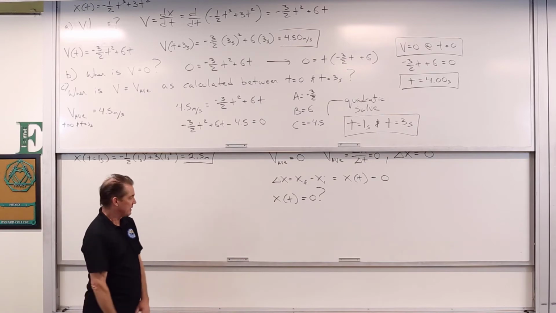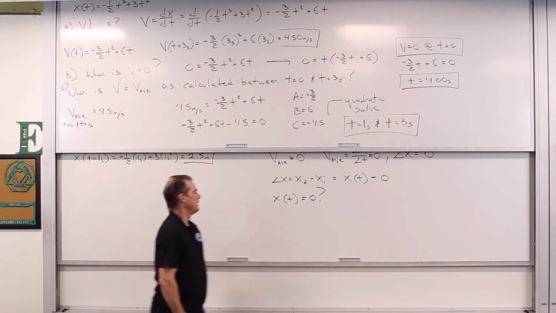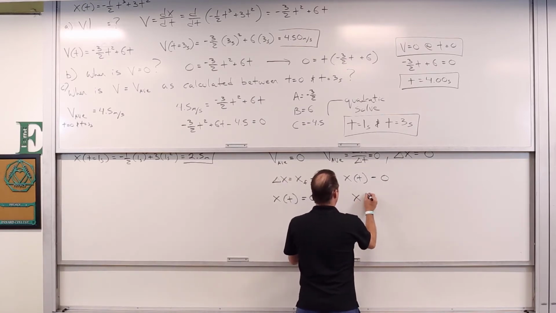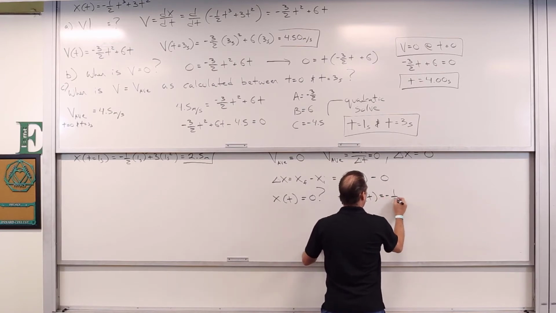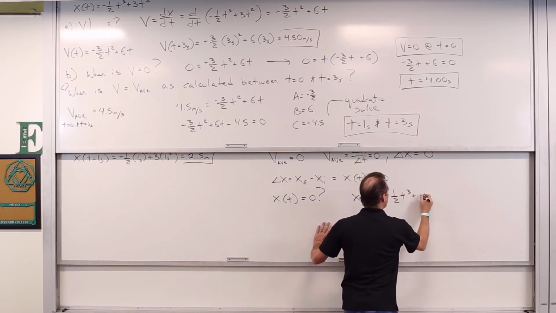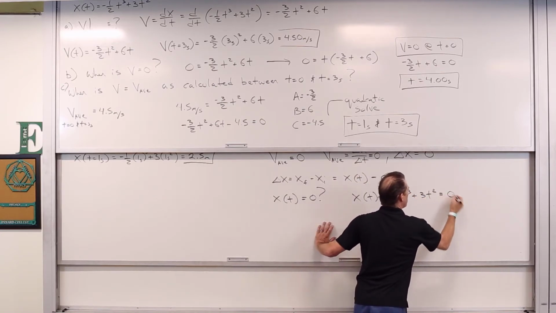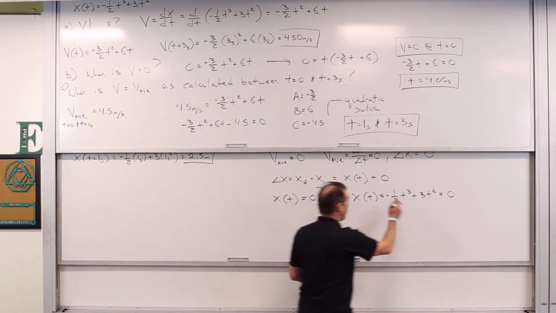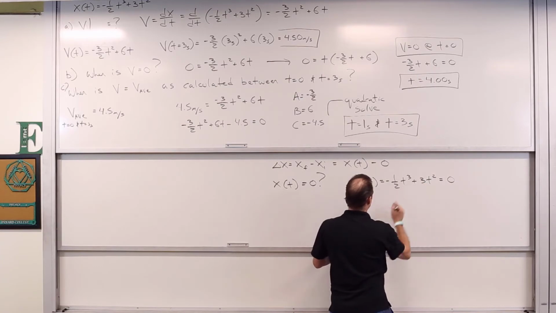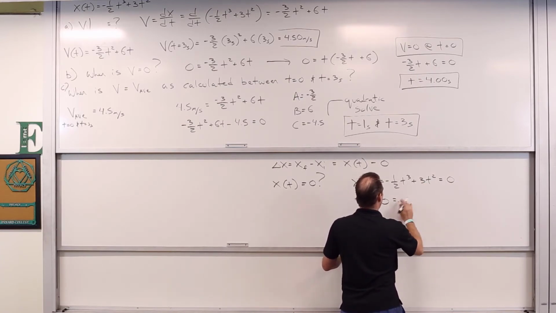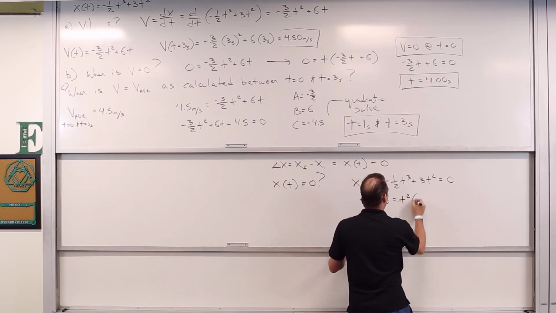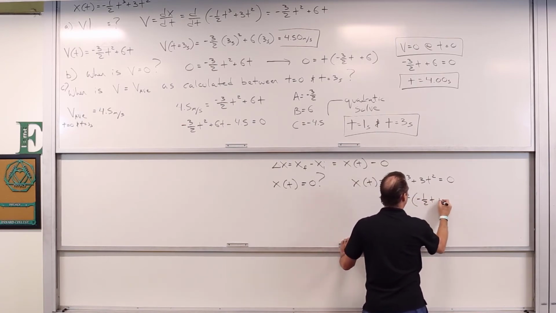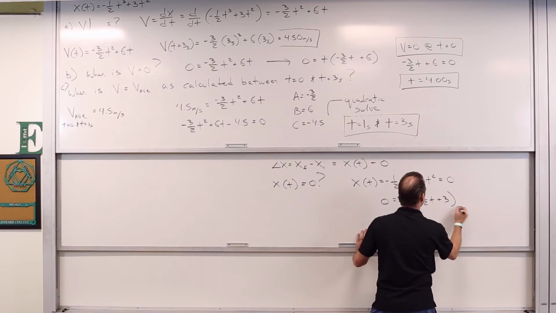Besides at t equals 0, what other time? So again, x of t is equal to -1/2 t cubed plus 3t squared, and that has to be equal to 0. We can factor out t squared here. So 0 is equal to t squared multiplied by -1/2 t plus 3.